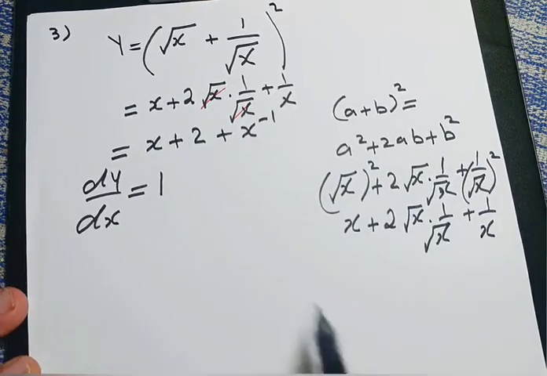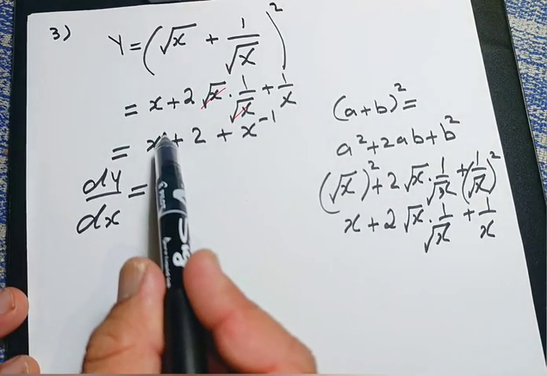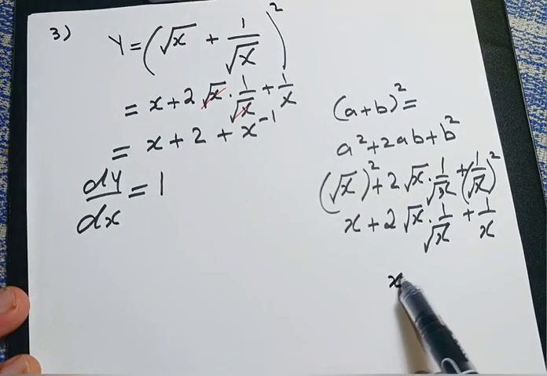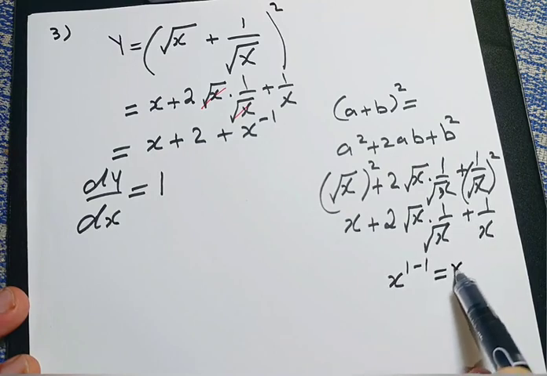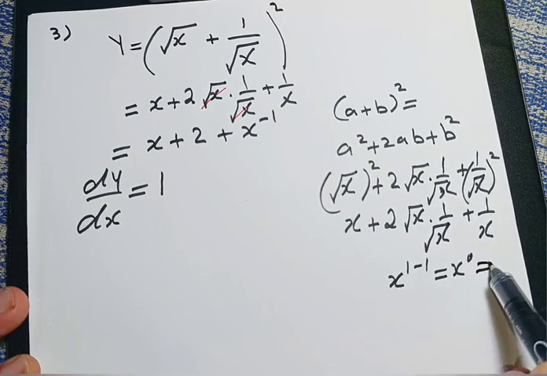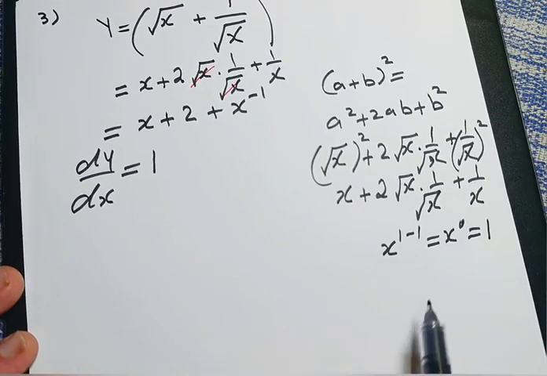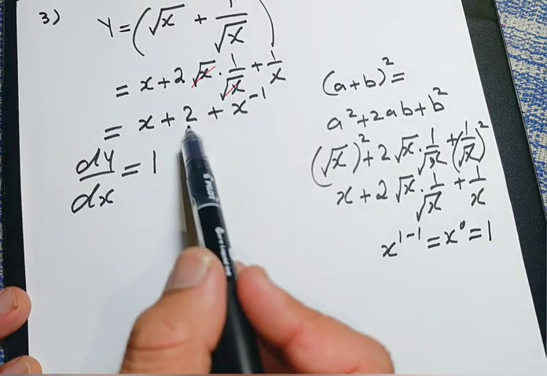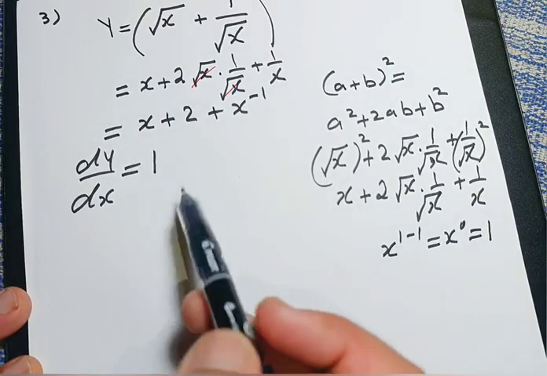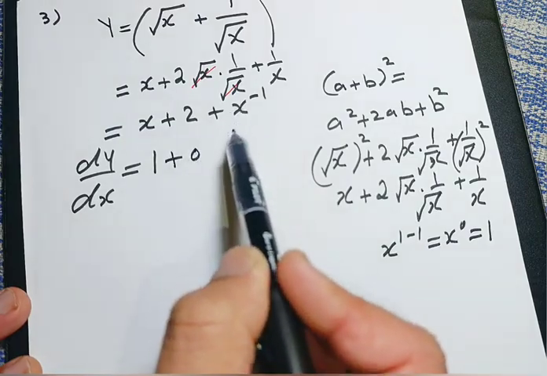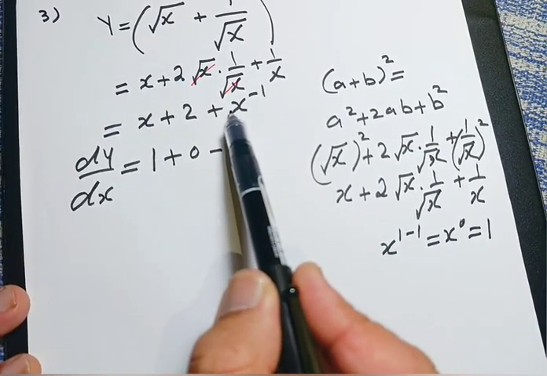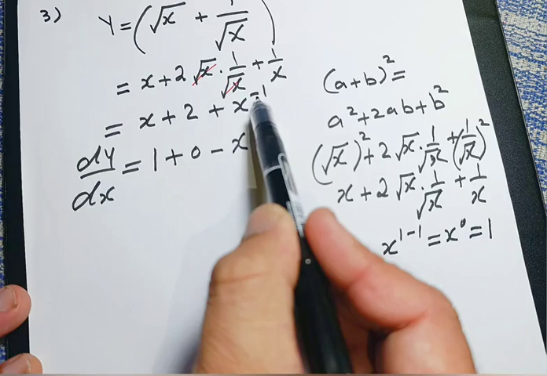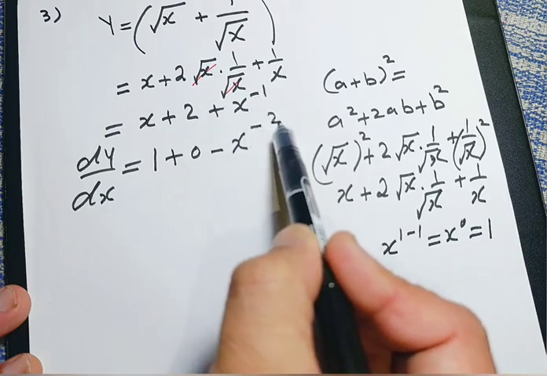I told you earlier, because look here, 1 multiplied by 1 is 1, so only 1 is left there. So the x power 1 minus 1 becomes x power naught, and x power naught is equal to 1. That's a rule of exponents. So 1 times 1 is going to be 1, and if you apply the derivative on a constant, it's always 0, plus 0, negative 1 multiplied by positive becomes negative, and x to the negative 1 minus 1 becomes negative 2.